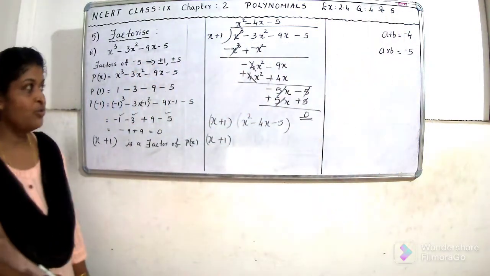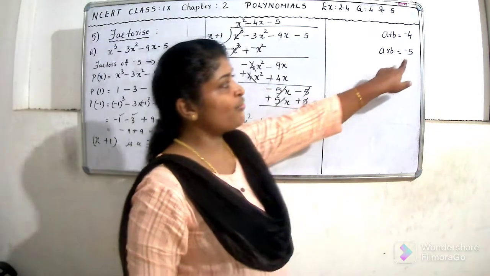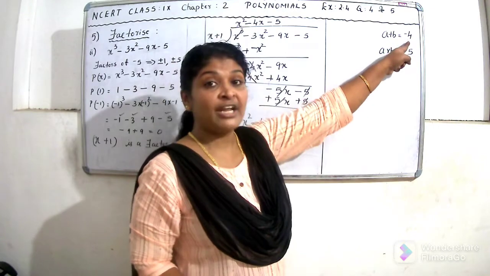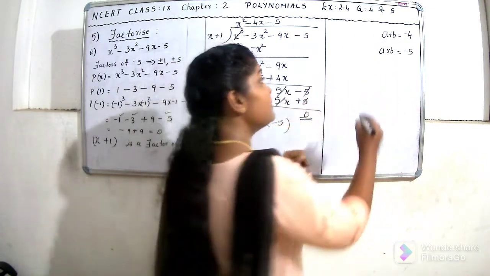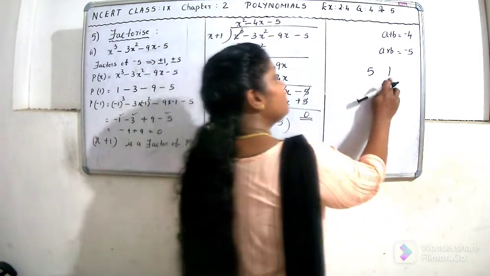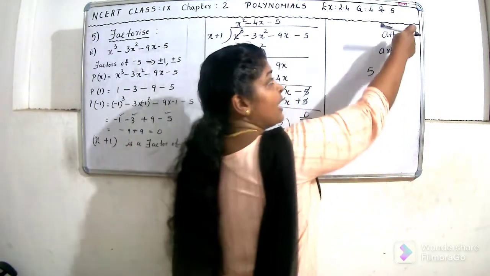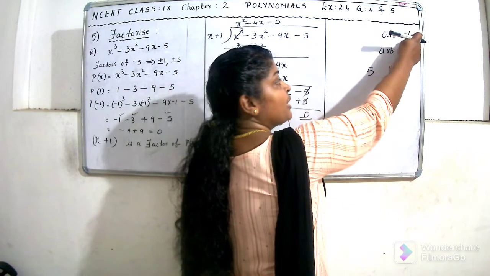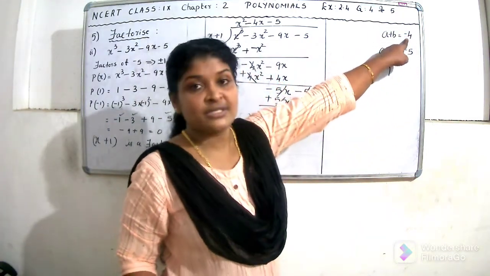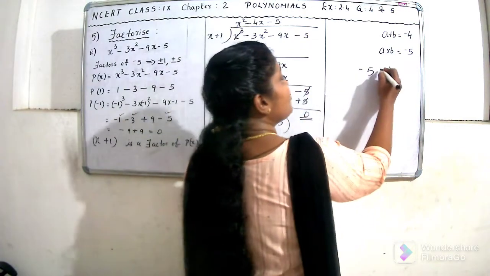Now we have to take the factors of 5. 1 into 5. Then when we are adding, we have to get negative 4. That means the numbers are 5 and 1. No doubt in that. When we multiply, we get negative 5, and when we add, we have to get negative 4. When we are subtracting, the bigger number's sign comes, which is negative. So negative and plus.